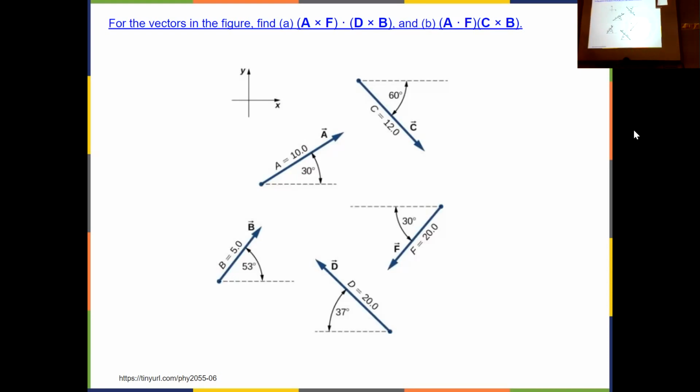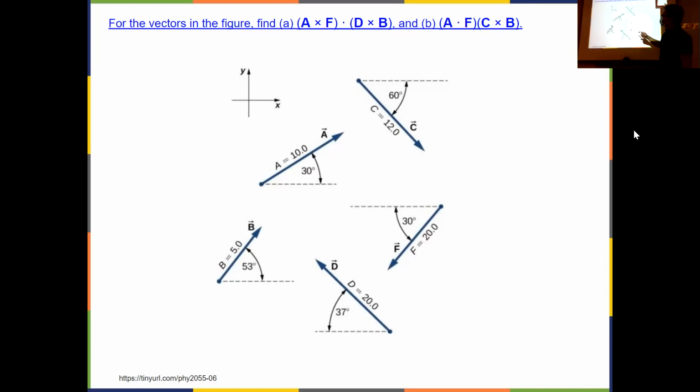All right. For the magnitude, the direction should be k, or positive z. Then the magnitude should be the magnitude of C, which is 12, times the magnitude of B, which is 5. 12 times 5 gives you 60, and then times sine of the angle between the two.